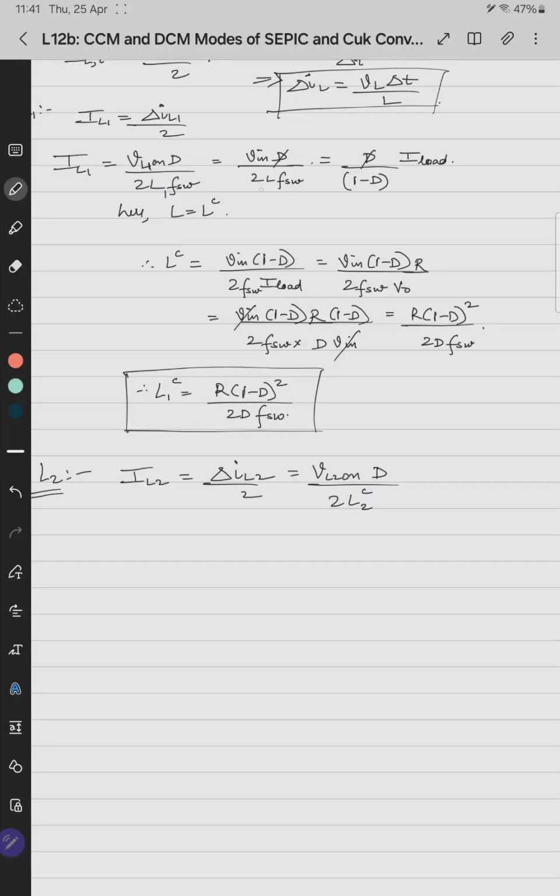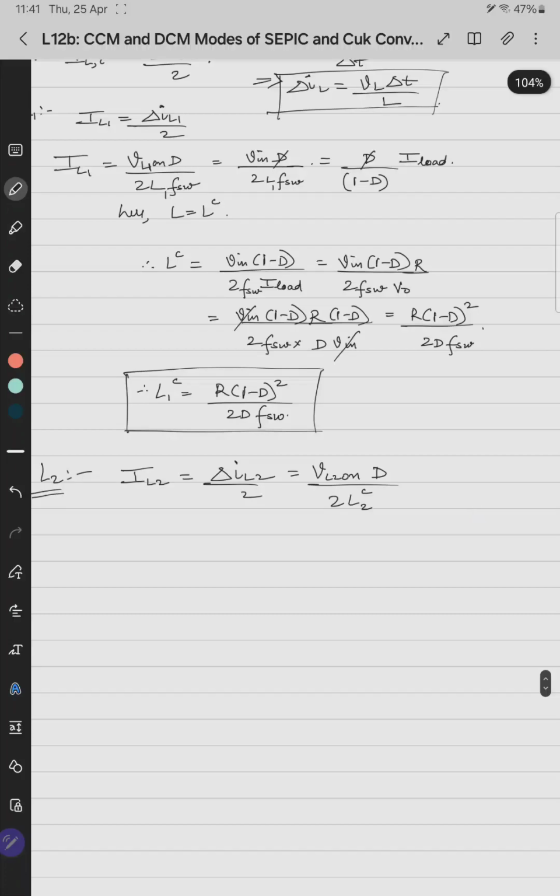Here we will let L2 be L2C, VL2 on into D by 2 into F switching.